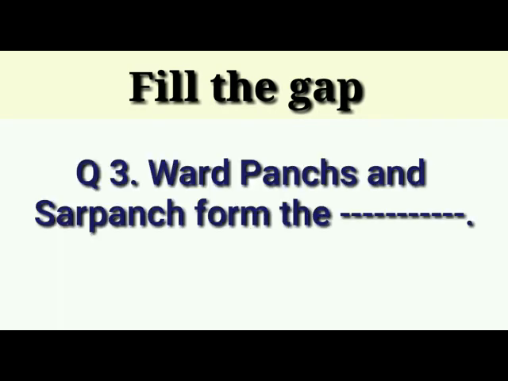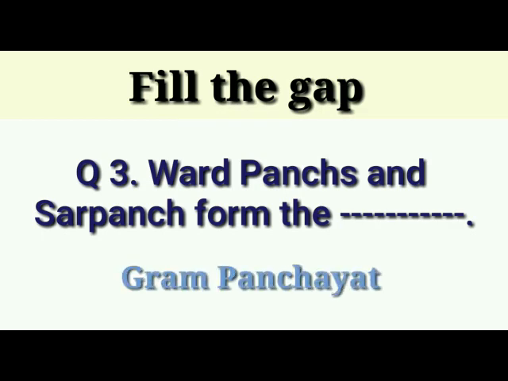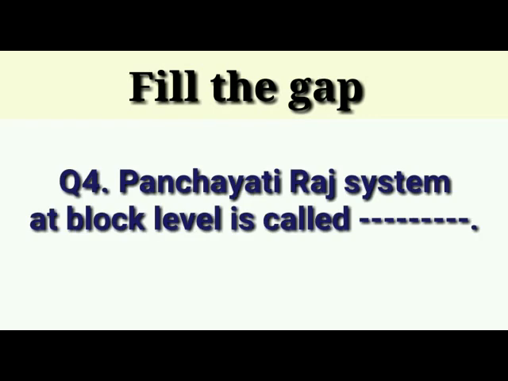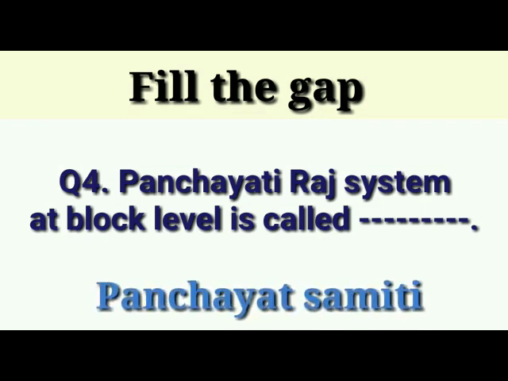Next question is ward panchs and sarpanch form the dash. Answer is Gram Panchayat. Next question is Panchayati Raj system at block level is called dash. Answer is Panchayat Samiti.